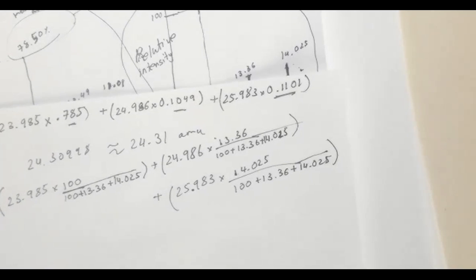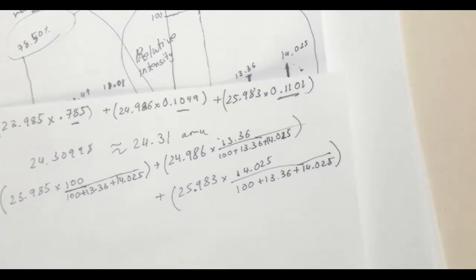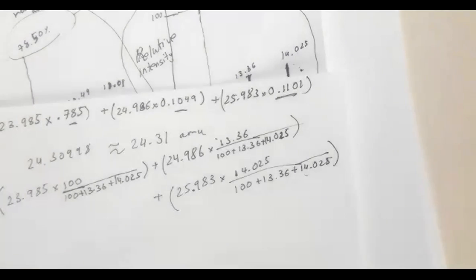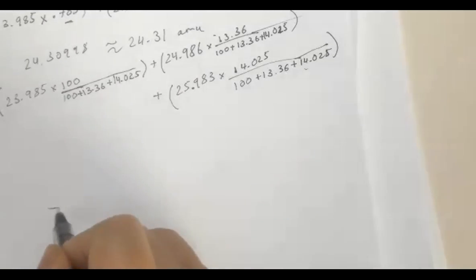All right, now this is where I kind of need you guys to do math. You remember, if everything is divided and there's a plus in between them, I can make them divided at the end. You know what I'm talking about? So instead of doing this, I can do this.